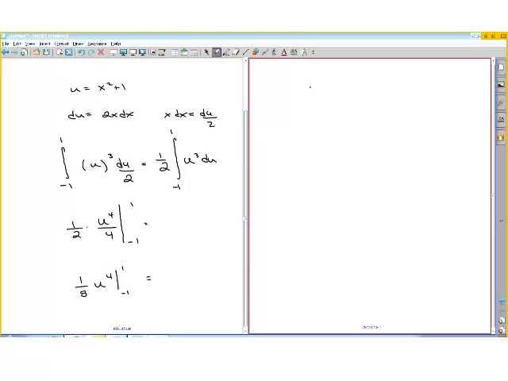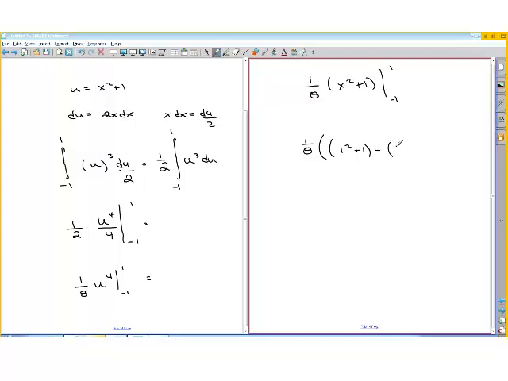Okay, now we have to substitute back in u, so it would become 1/8 times u, which is x squared plus 1, evaluated between x equals negative 1 and x equals positive 1. So now we can make the substitution of the limits. So we get 1/8. We're going to do the upper limit first. So we have 1 squared plus 1.